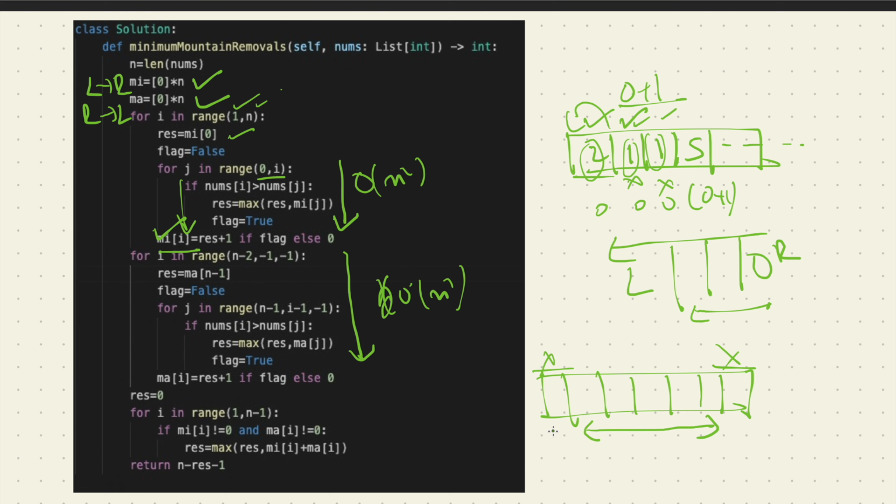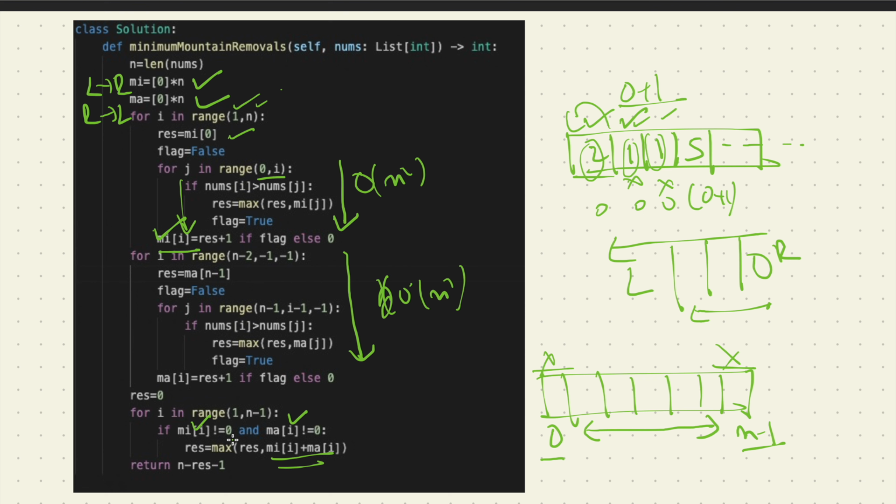So we need to neglect the zeroth element and the n minus 1, and we try to find the maximum among these, if and only if we got its peak from both ends. It should not be that it has a peak from left but not from right. We cannot take it. It should be a peak from both.